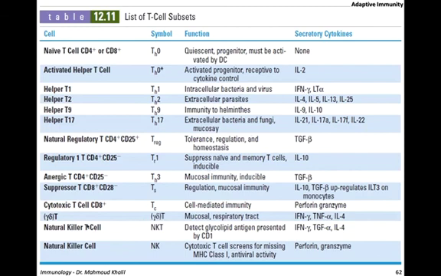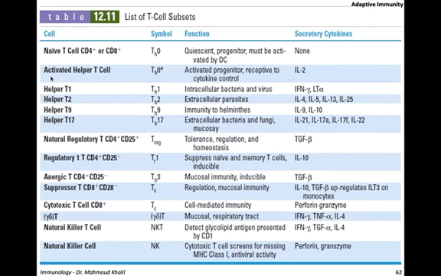One of the other examples is the cytotoxic T cell, represented by TC, which is involved in cell-mediated immunity, and it does its action using a type of granules called perforin and granzyme, which can form pores on the membrane of the target cell.